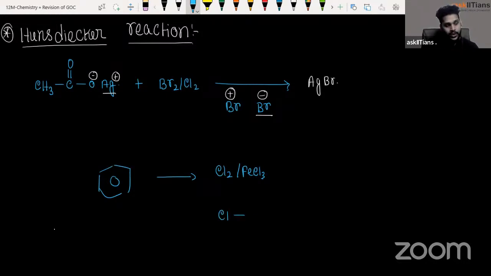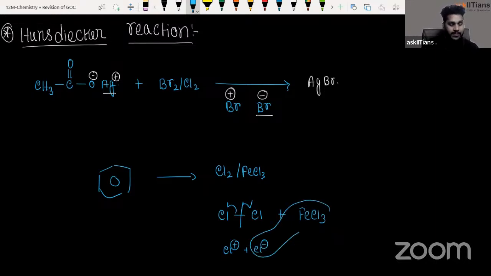Chlorine is supposed to break by homolytic cleavage. But the moment you give FeCl3, a Lewis acid, it breaks heterolytically, because FeCl3 takes this Cl- and becomes FeCl4- to fill its octet. It is influencing the Cl2 to break as Cl+ and Cl-. So the same thing is happening here as well. This is not the first time we are learning this.